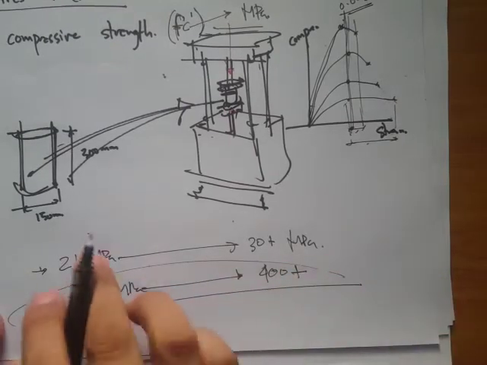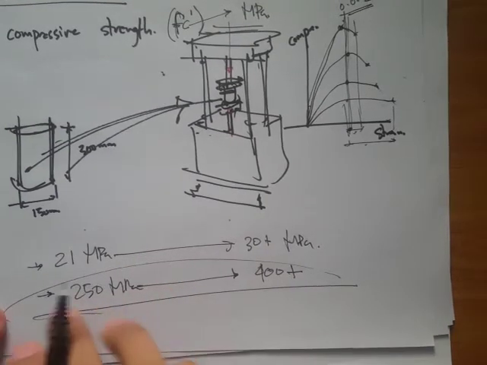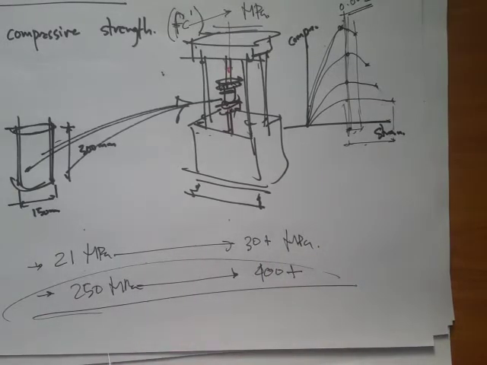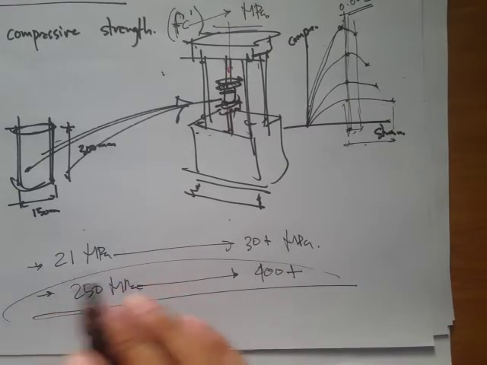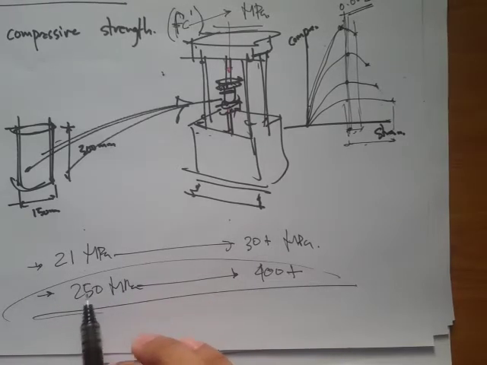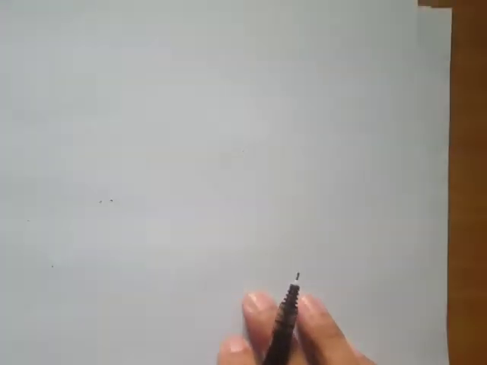But this is compressive, while for steel it's tensile strength, although there are references that for ductile materials, the compressive and tensile strengths are nearly the same.